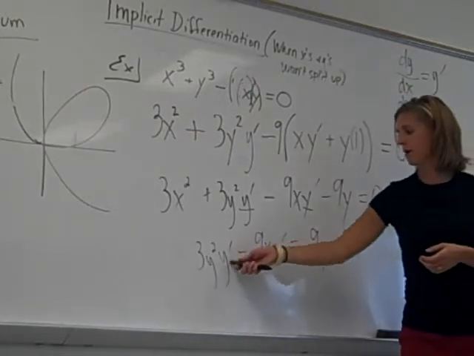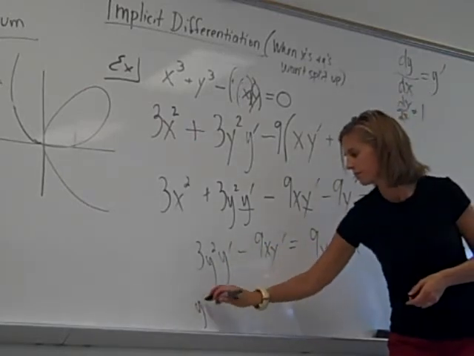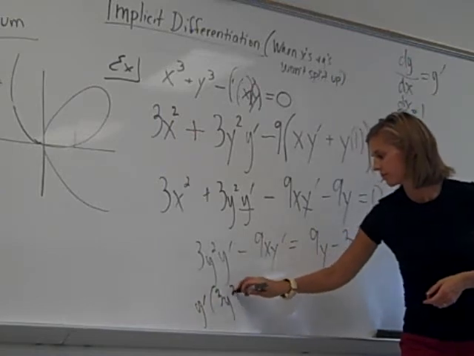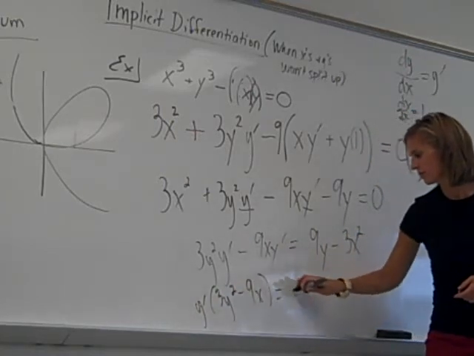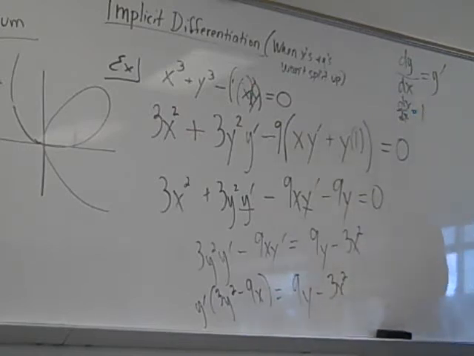And then how can I get this y prime by itself? Factor it out. And divide.